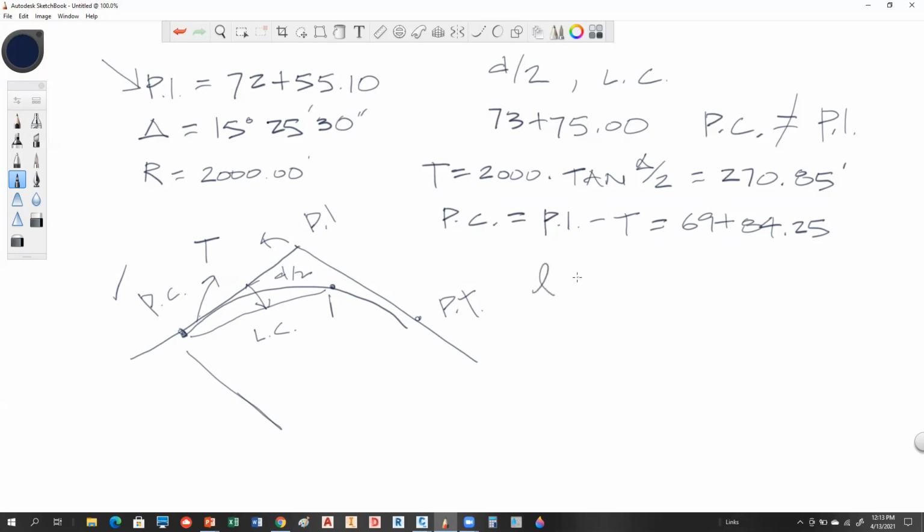So we're going to call that length of arc. So what we're doing is taking 7375 minus the PC station. That gets us the length of arc that we want to solve to. So that gives me 390.75.